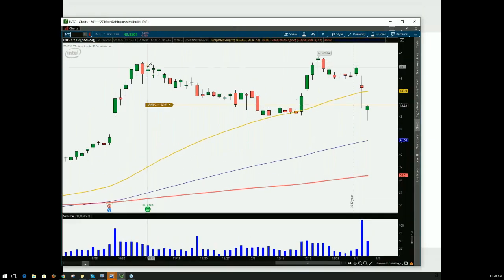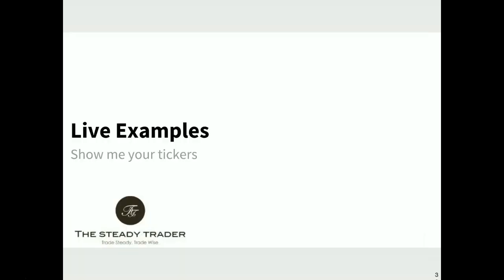You see that down arrow, which was confirmed a few bars later. You would have ignored this up arrow because there was no confirmation buying, right? So you wait until you have confirmation selling after a down arrow. You wait until you have confirmation buying day after an up arrow. In this case, the selling confirmation day happened first, so you could have shorted or sold Intel, right? Does that make sense?